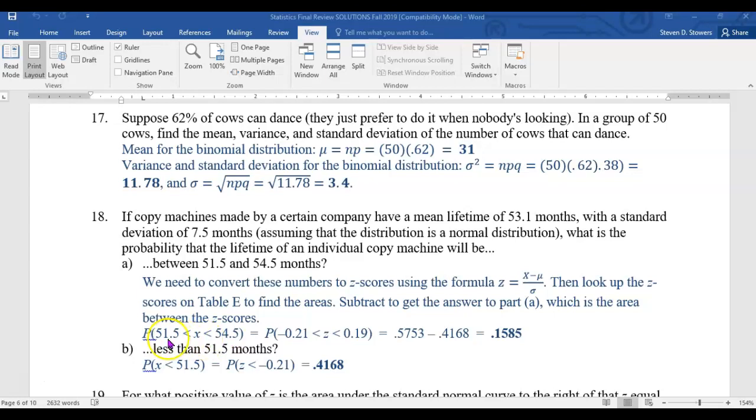The first thing we do is we take each of those numbers and find the z-score using the formula x minus mu over sigma.